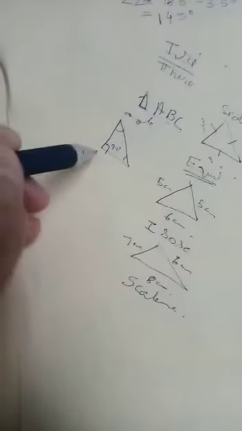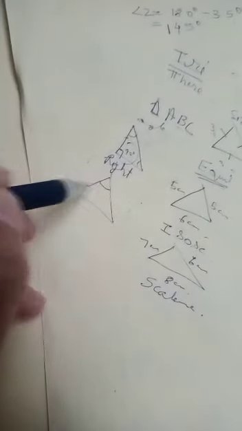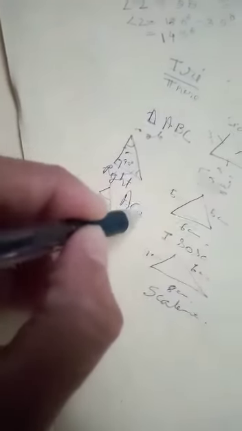Such a triangle we call right. Why do we call it a right triangle? Because one angle is 90. Then you may have a triangle where all three angles are less than 90. An angle whose measure is less than 90, what do we call it? Acute.